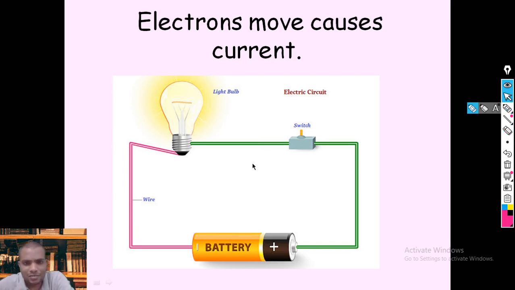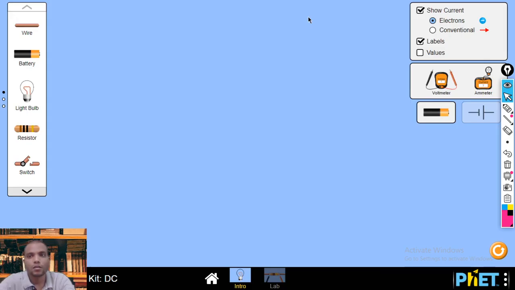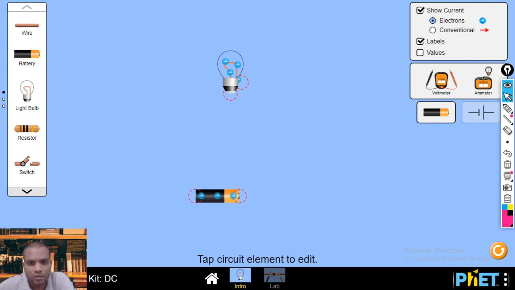Let us understand this with the help of a simulation. Here I would like to construct a simple electric circuit. For that I have taken an electric bulb, and this is my source, which is known as a battery, and very importantly, we need connecting wires.